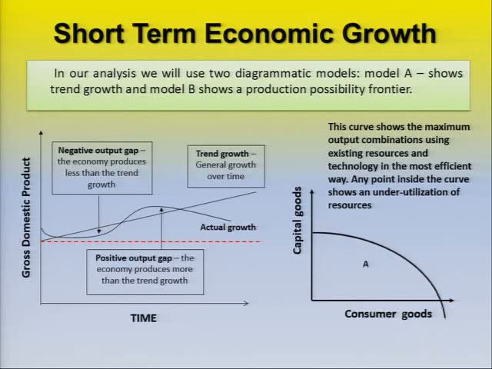There is our production possibility curve. You remember the production possibility curve where we have the capital goods and the consumer goods that are produced by a country, a combination of those two products. So this production possibility curve or frontier shows the maximum output combination using existing resources and technology in the most efficient way.